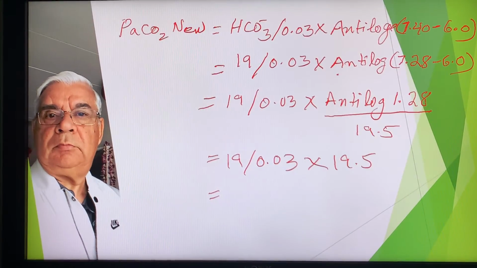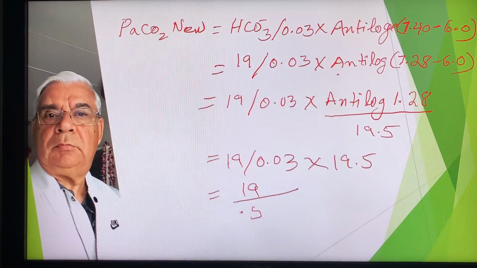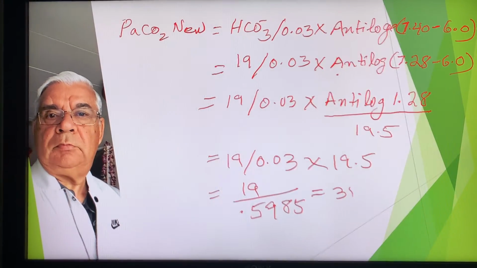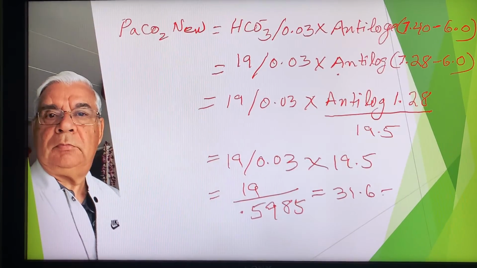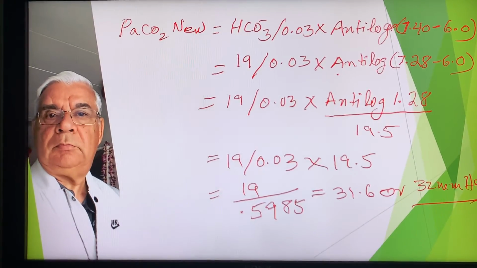The answer will be 19 over 0.985, which will give you the answer 31.6 or 32 millimeters of mercury. That's what we need, new PaCO2. So this is our new PaCO2.